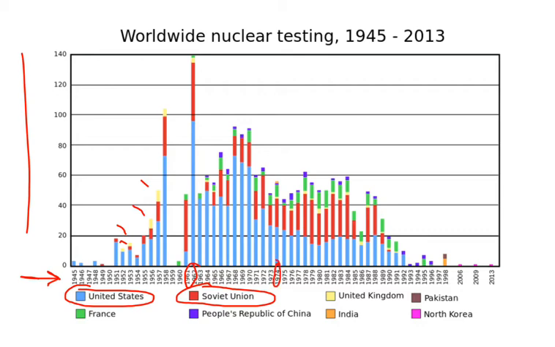There we are, sorry, right up there. And then we have the Pakistani tests, along with the Indian tests in 1998, and then we have the North Korean tests, the most recent being in 2013. So that gives you a bit of an idea of the pattern over time of the testing record.